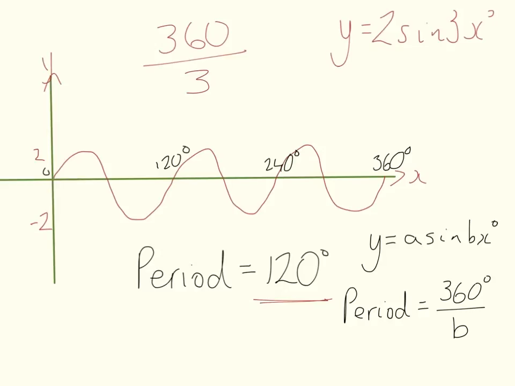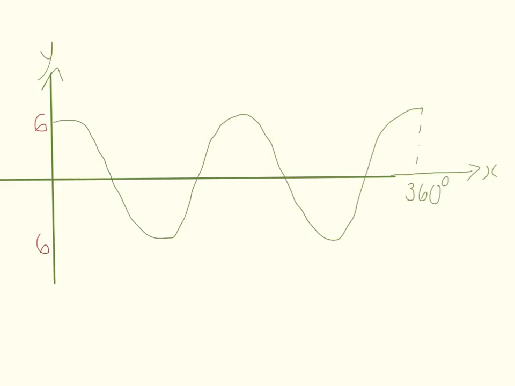We're just going to look at one more example, but we're going to look at it in reverse. More often you could be given a graph and asked to put it in the form of y equals a sine or cos bx degrees, for example. Okay, so what you need to look for in order to do these questions is you need to look at the graph.